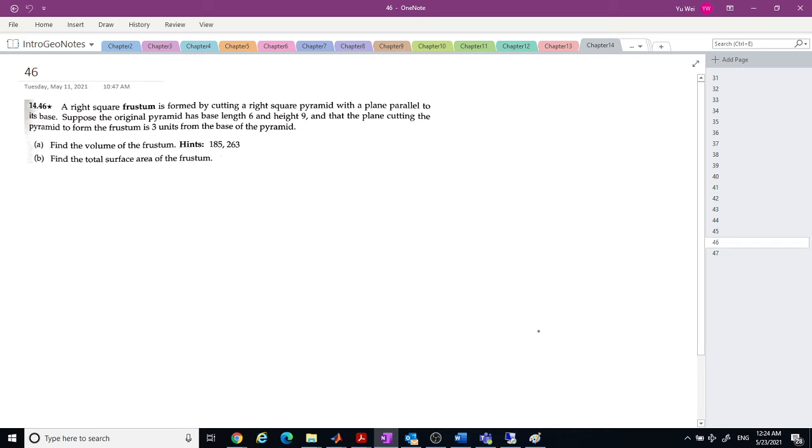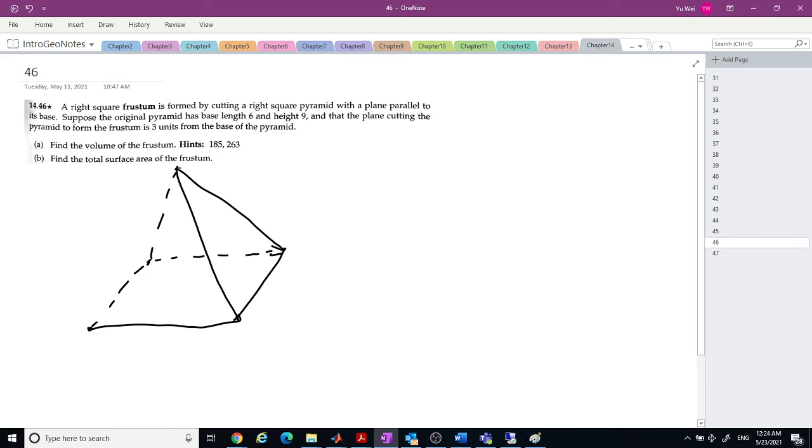Next, we have a right square frustum formed by cutting a right square pyramid with a plane parallel to its base.